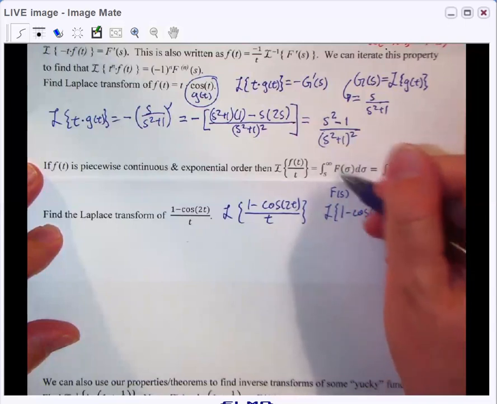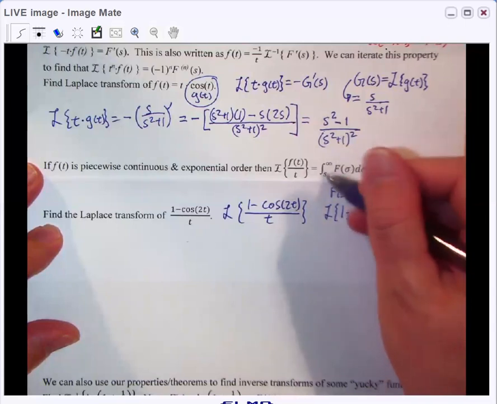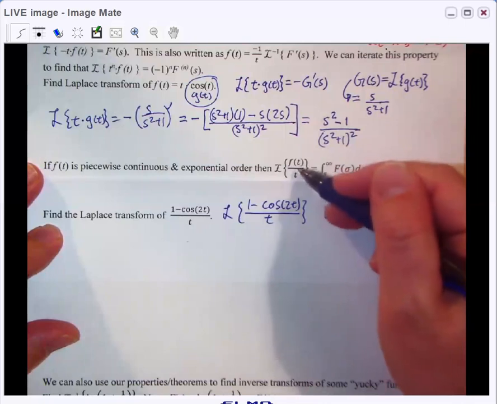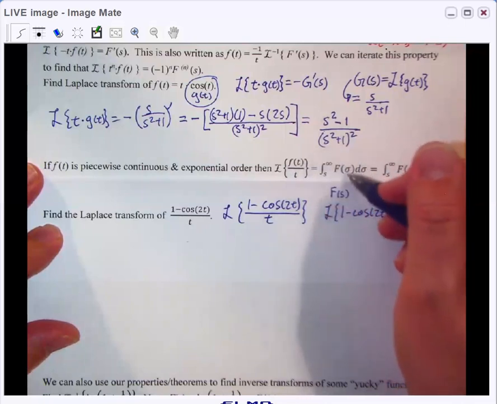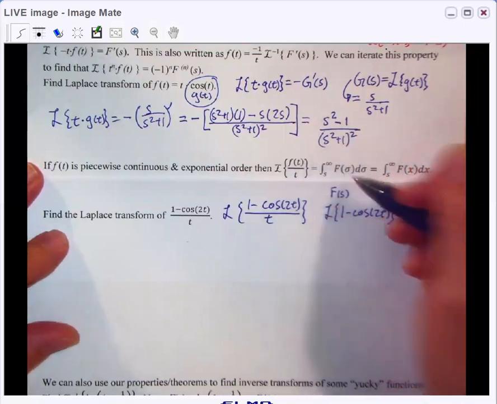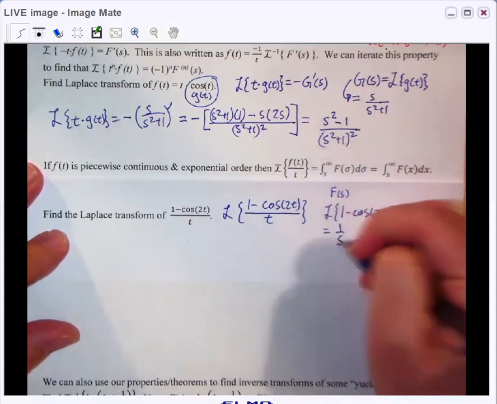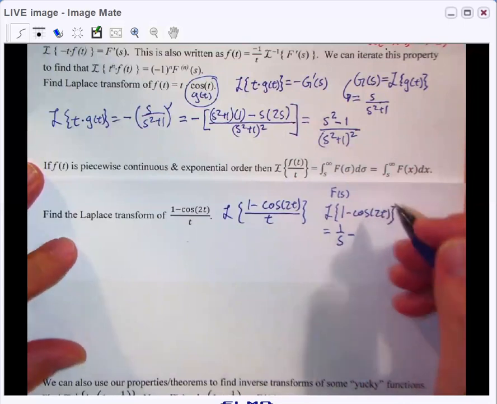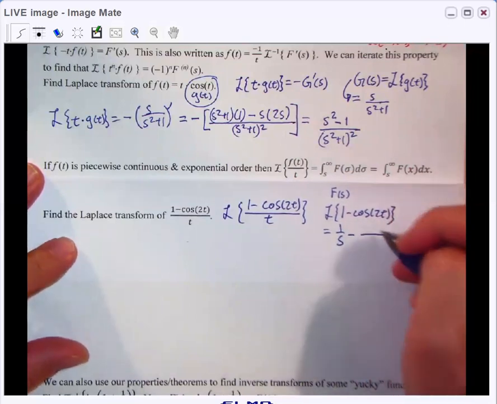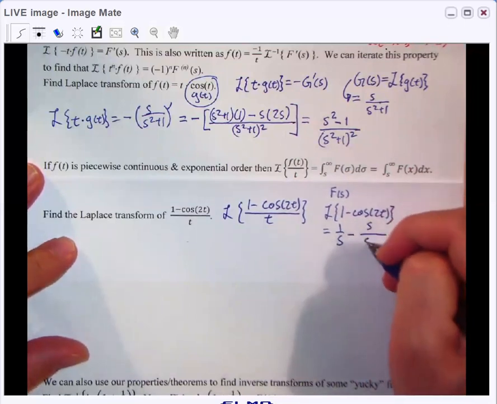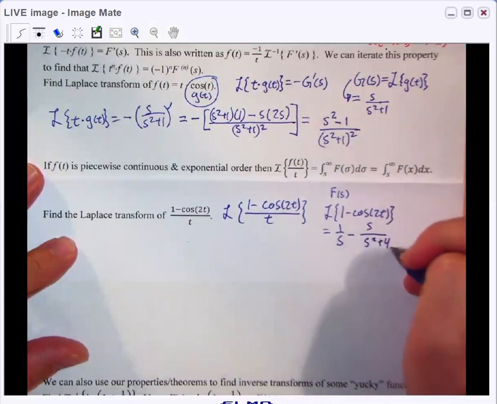And if I could find out what he is, I could then take this nastier thing and turn him into something that's a little bit easier to handle here. And we know that the Laplace transform of 1 is 1 over s, and the Laplace transform for cosine of 2t is s over s squared plus 4.